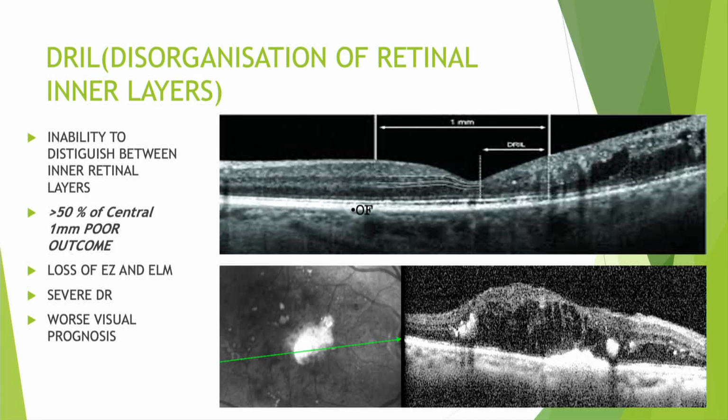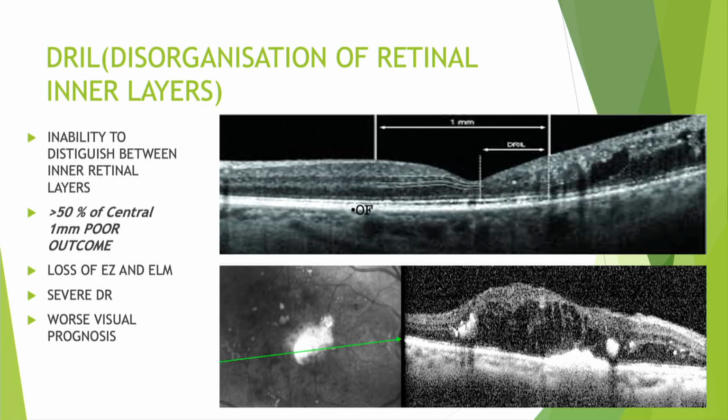The other biomarker is the disorganization of retinal inner layers, or DRIL. It's a disorganization of the inner retinal layers, like the inner plexiform, the ganglion cell layer, the inner nuclear and the outer plexiform layers. To identify it, you trace the inner retinal layers towards the fovea, and where the borders between the layers get indistinct, DRIL is present.